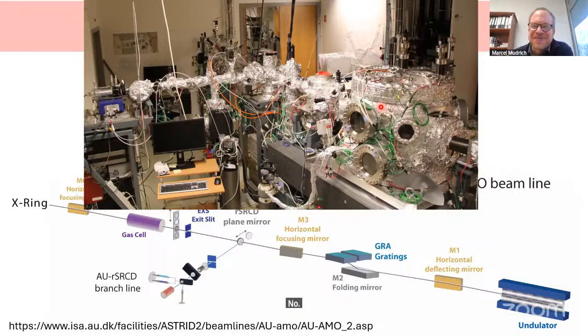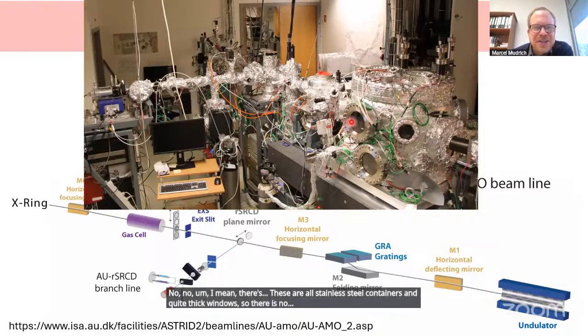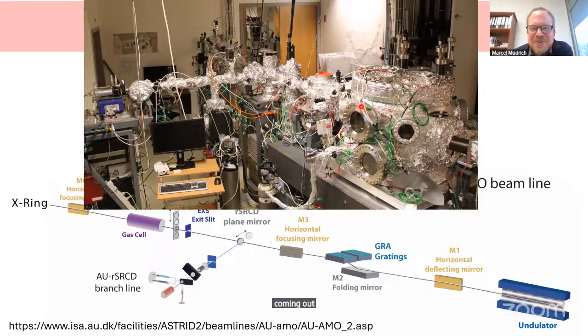No. These are all stainless steel containers with quite thick windows, so there is no UV and no X-rays coming out anyway. This thin aluminum foil would not help much against X-rays coming out of the stainless steel walls. No, it has another reason.